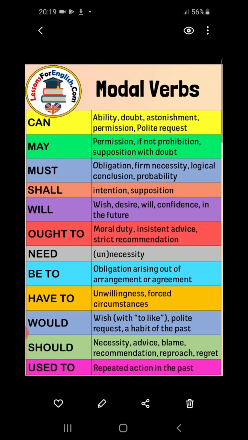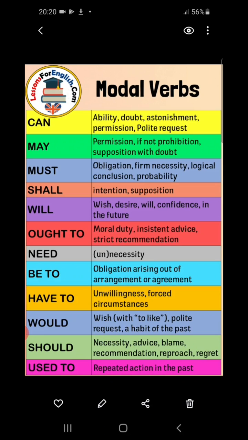Be to, which expresses obligation arising out of arrangement or agreement.